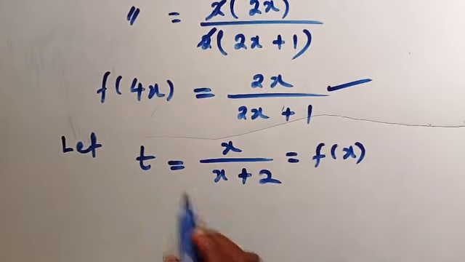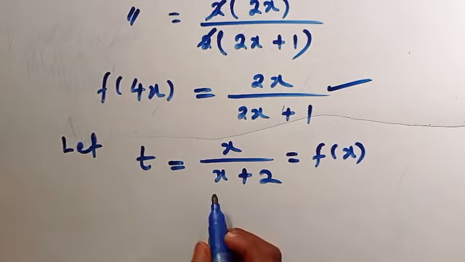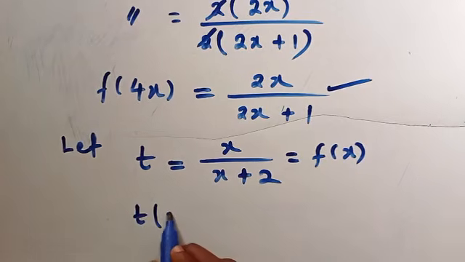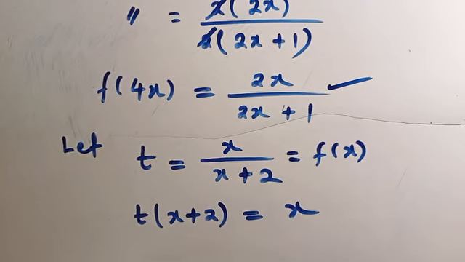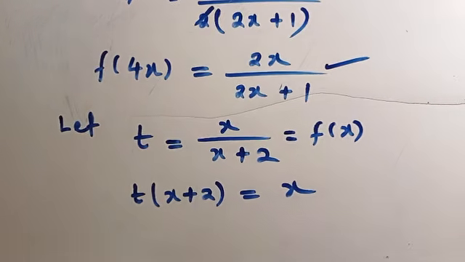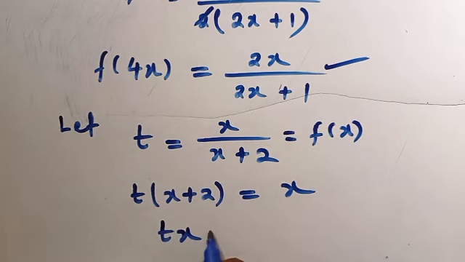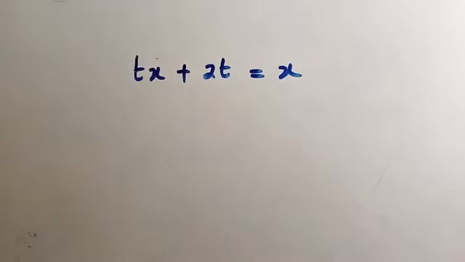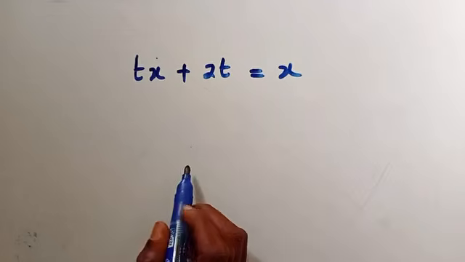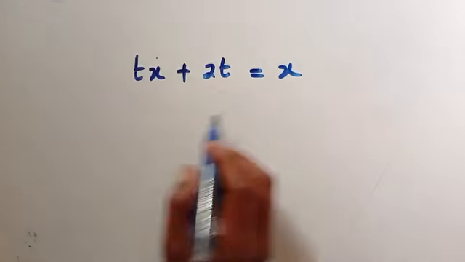Then we make x the subject by cross multiplying. Here we have t into bracket of x plus 2 equals x. And opening the parentheses here, t times x gives us tx, plus t times 2, that is 2t, equals x. Then we do some collection of like terms. Let's move tx to the other side.